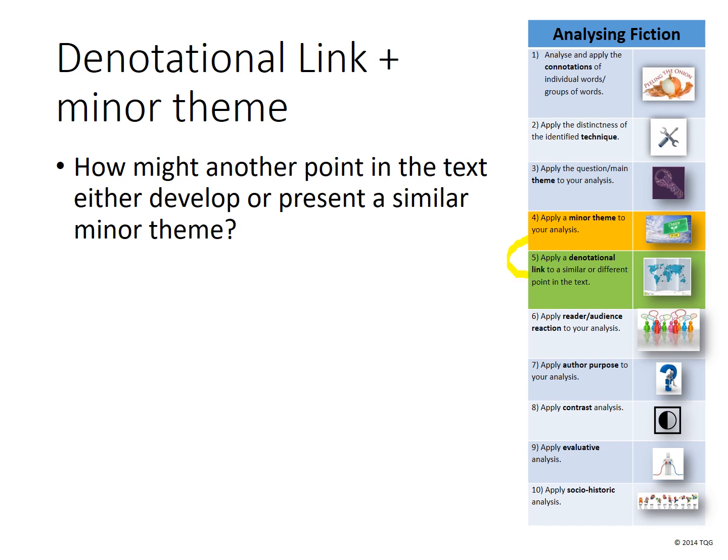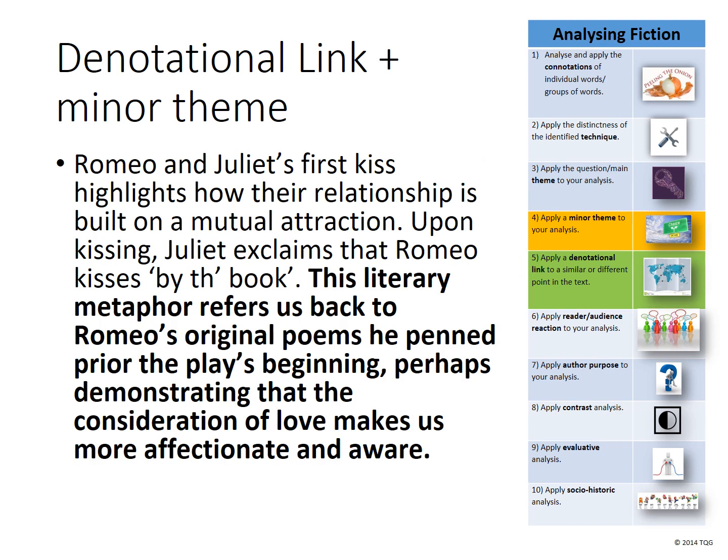Another connection that's pleasing as well is to think of a denotational link and a minor theme. So rather than just seeing how the connotations link, can there be a more abstract thematic link throughout the play? So, here for example, you can point out that this literary metaphor refers us back to Romeo's original poems he penned prior to the play's beginning, perhaps demonstrating that the consideration of love makes us more affectionate and aware of its possibilities.